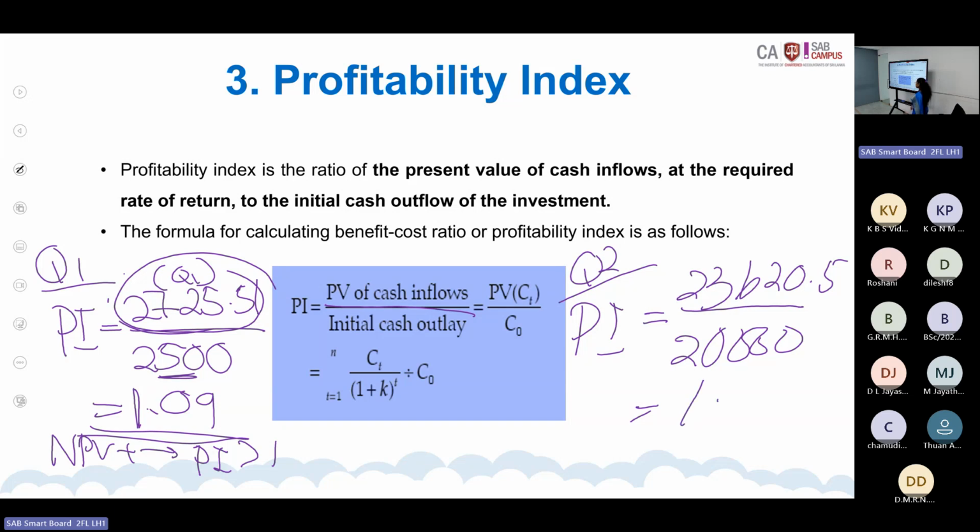Again, 1.18. Right? What's the difficult thing here? Calculation of the present value of the cash flows. How can you take the present value as we did in the NPV calculation?